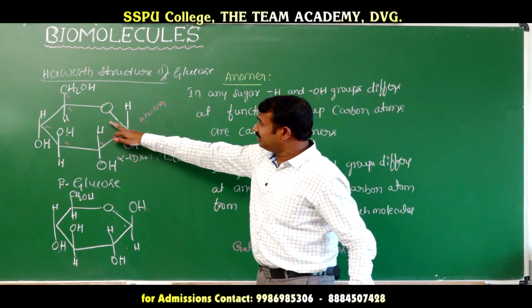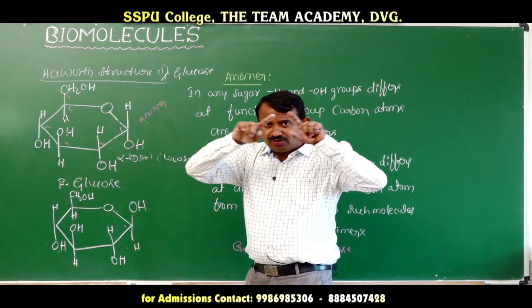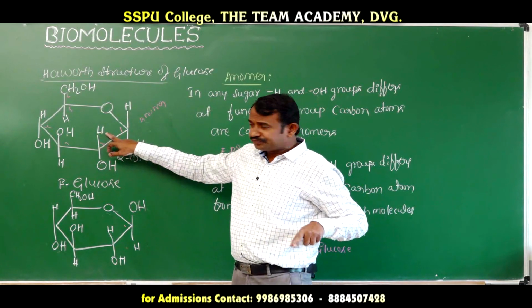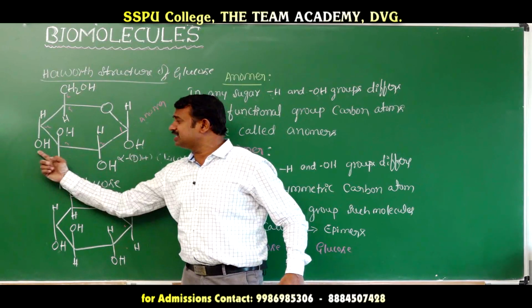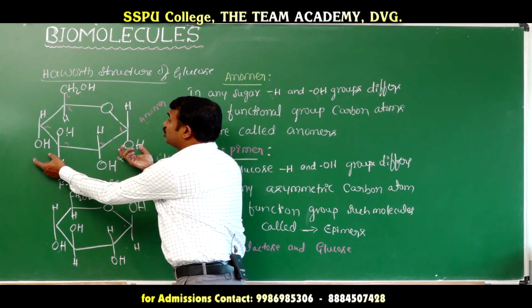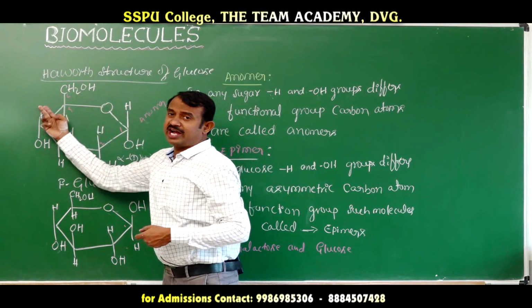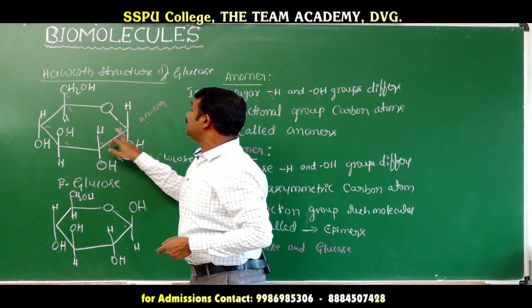Epimers means here hydroxy group here. Listen here. You should know it has a pyranose structure. OH here, hydroxy group, it is alpha glucose. If both hydroxy groups are above, OH and hydrogen, that is called an epimer, C1 and C4.